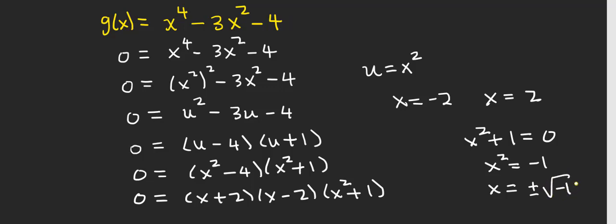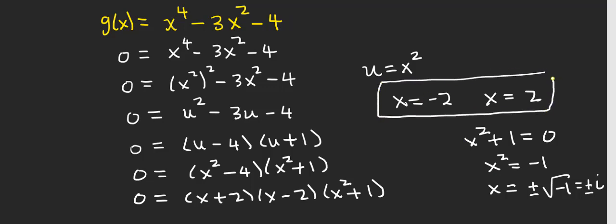And you know that from algebra 2, that's imaginary. So this is not real. So there are only two real solutions that make the statement true, or two real zeros. That is x equals negative 2 and x equals 2.